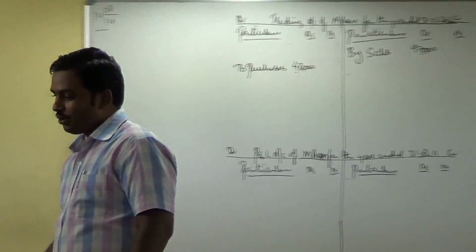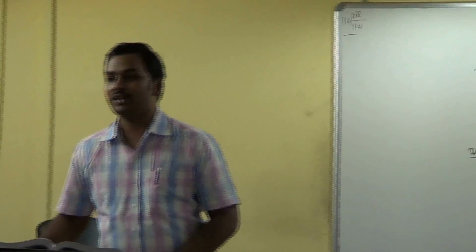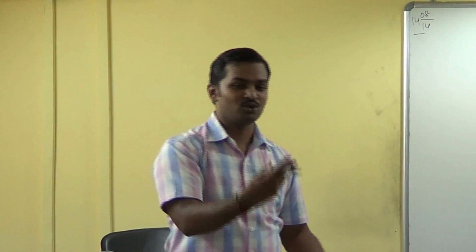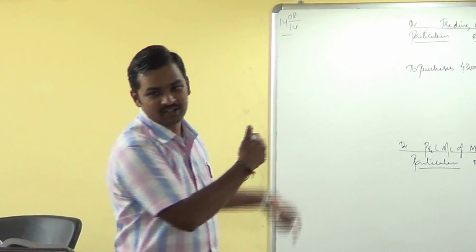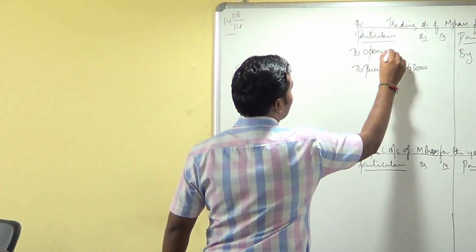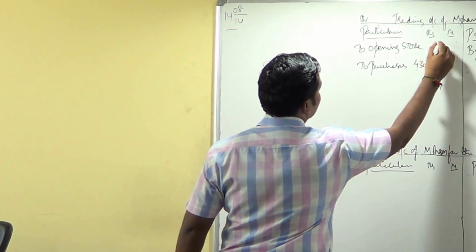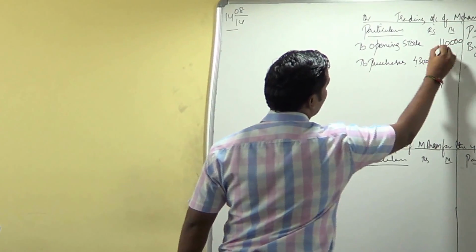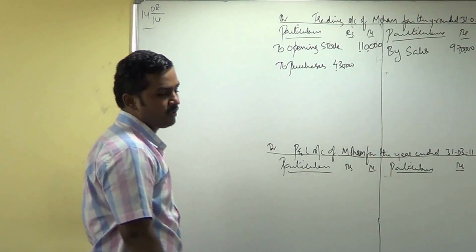Next. Opening inventory means opening stock. This was sold during the year. Hence, the asset is no more there. It has to be closed by crediting the opening stock, debiting the trading account. So right here, to opening stock. How much? 1,10,000 outer column because there is no adjustment to it.